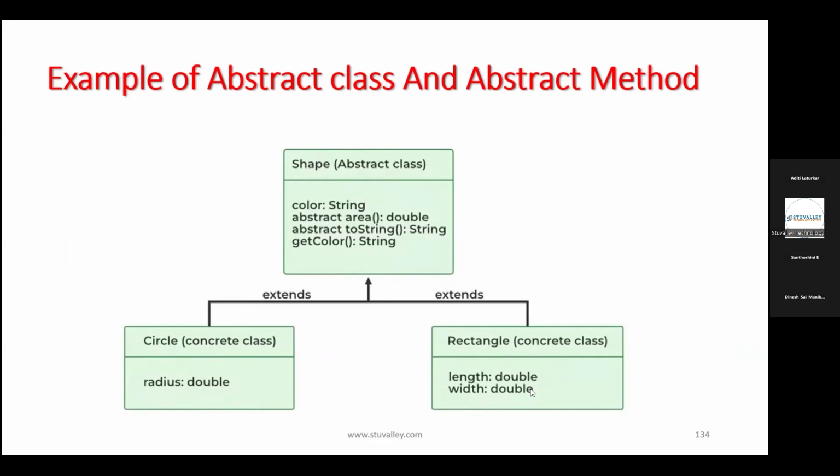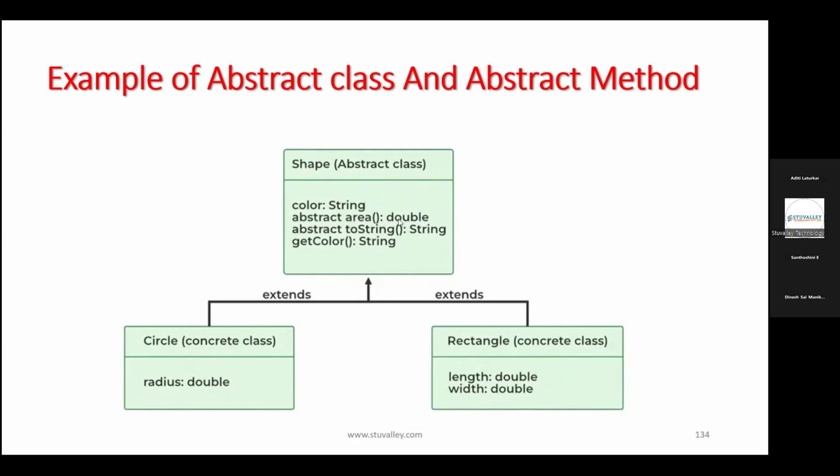Your inheritance is there, right? In this Shape class, you can create an abstract area method, because there is no need of creating any area implementation here, as each and every shape will have its own formula for calculating area. So there is no point defining this area method in the Shape class.